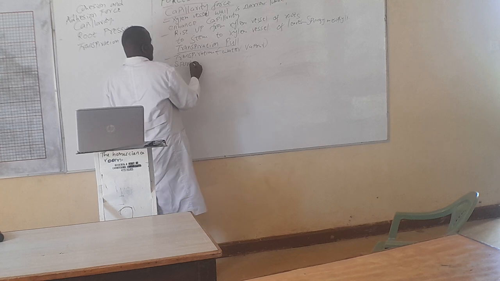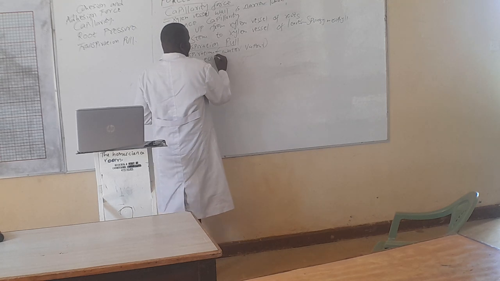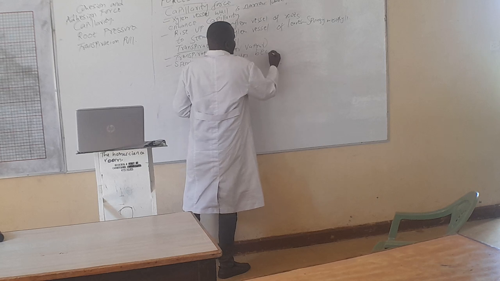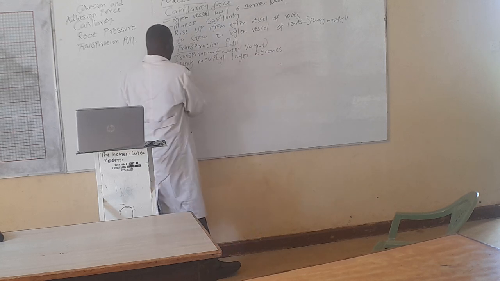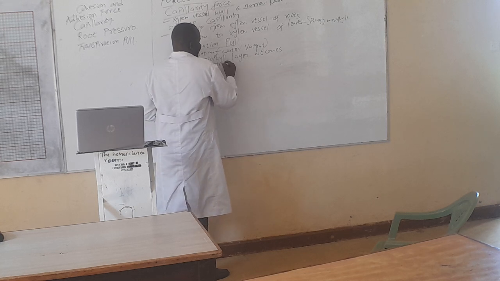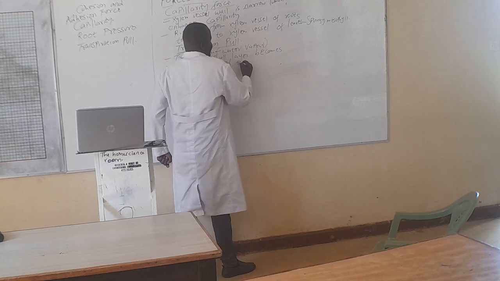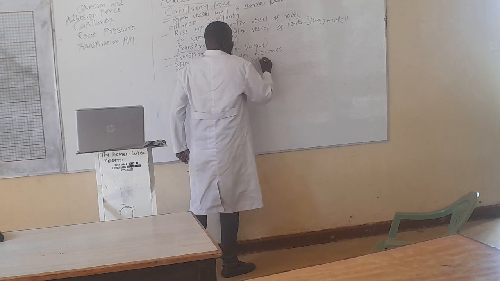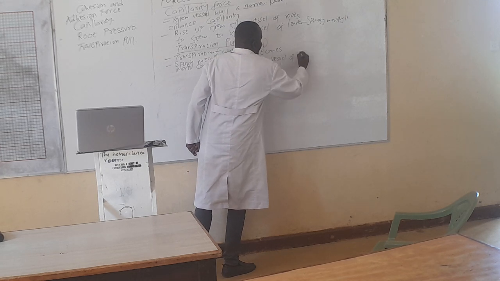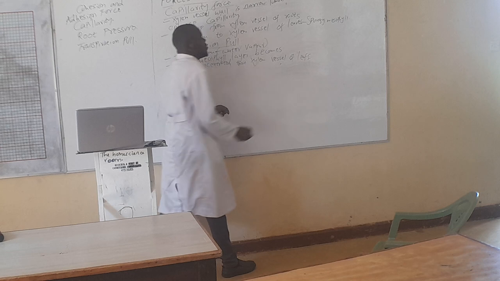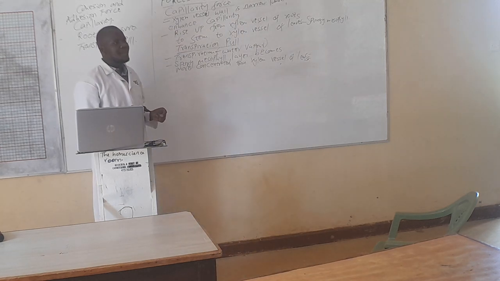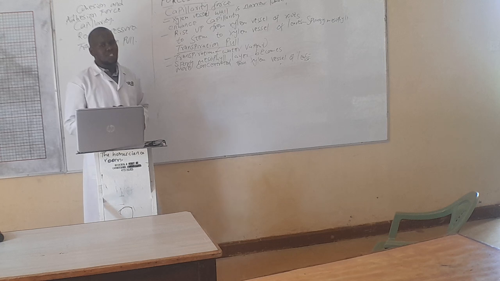And the spongy mesophyll layer becomes more concentrated than the xylem vessel. And because of this, there will be an exerting of osmotic pressure.